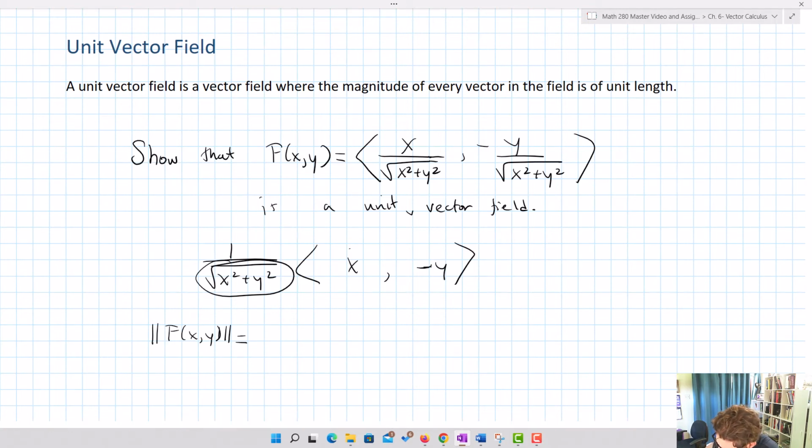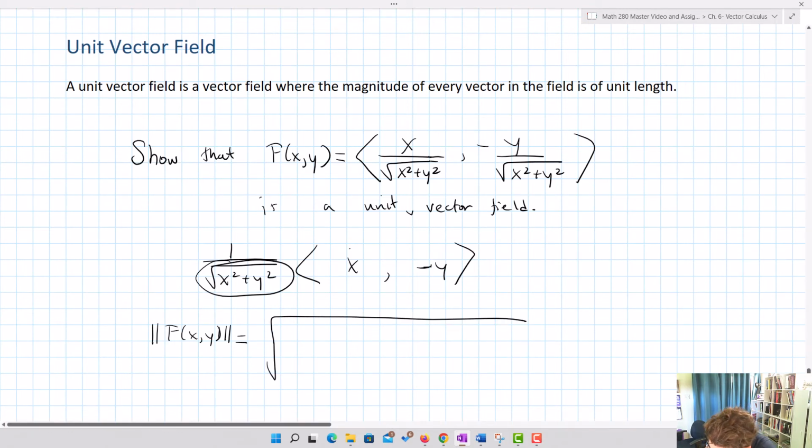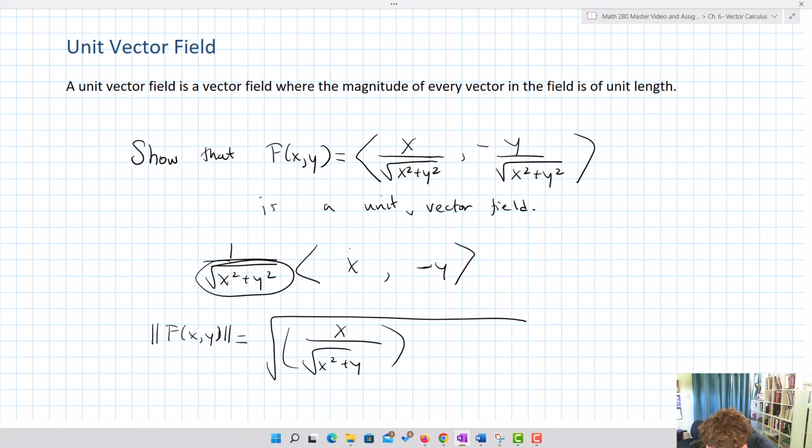So this is going to equal the square root of x over the square root of x squared plus y squared, plus negative y over the square root of x squared plus y squared, all squared.